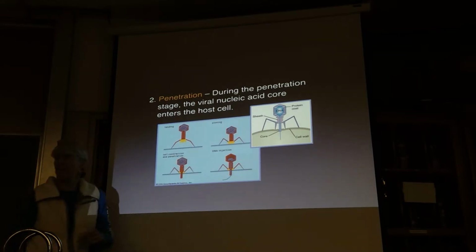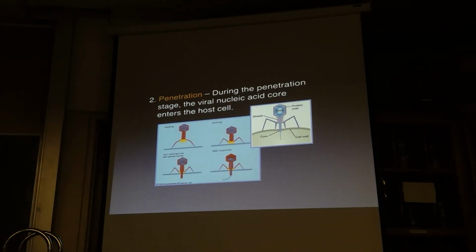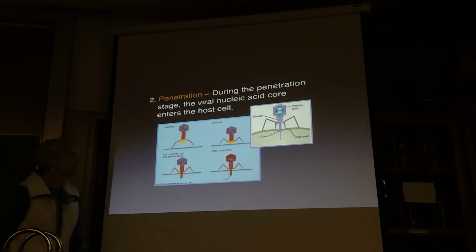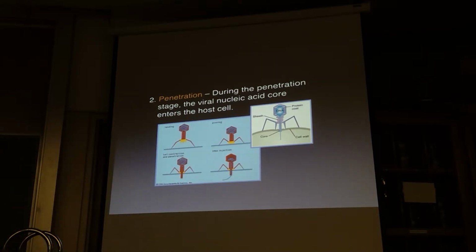Then the sheath of the tail shortens, which drives the core through the cell surface, and then the nucleic acid goes in. So it's just the nucleic acid going in. This tail assembly, the core surrounded by the sheath, is kind of like a hypodermic syringe. So it's mechanically pushing this thing in, but not all viruses get in that way.